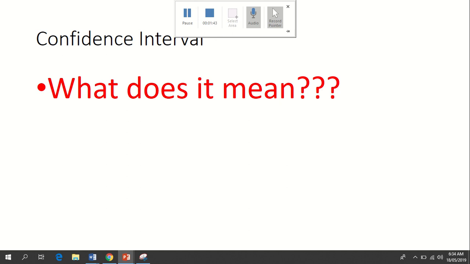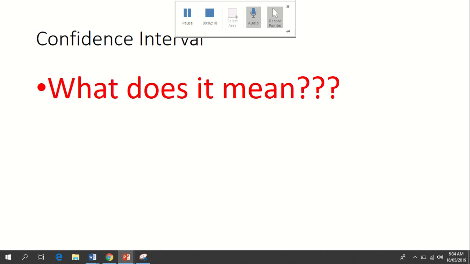So that means that if I take 100 samples, then 95% of the time the interval will contain the mean of the population, but 5% of the time it will not. If I talk about a 99% confidence interval, then if I'm taking 100 samples, 99% of the time those intervals will contain the population mean, but 1% of the time they will not.